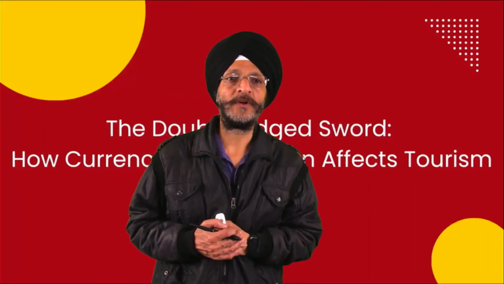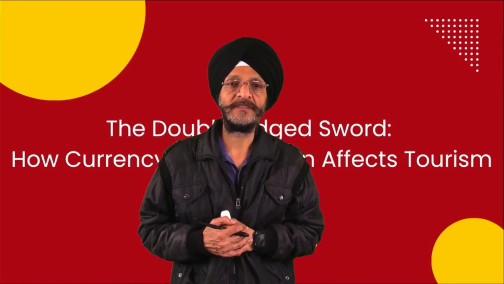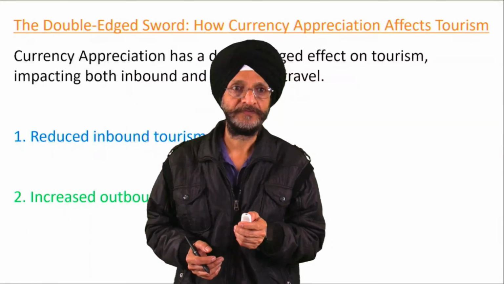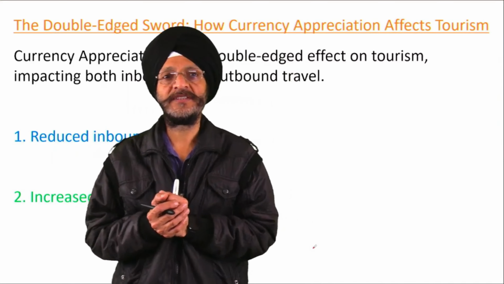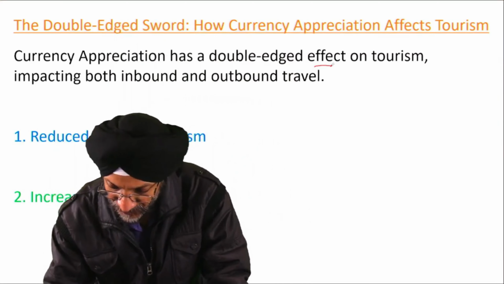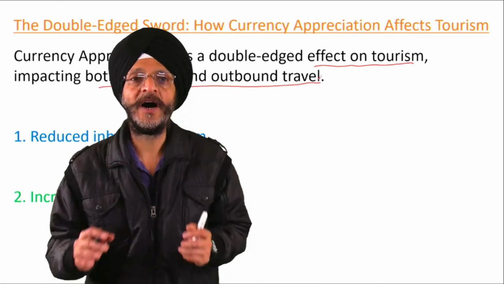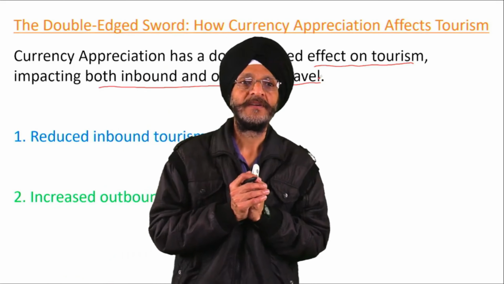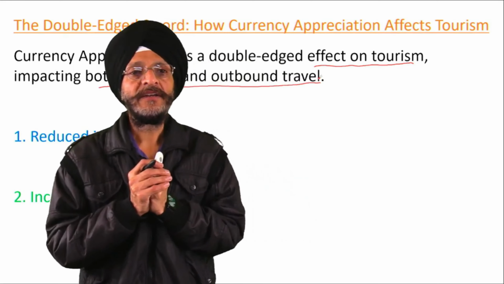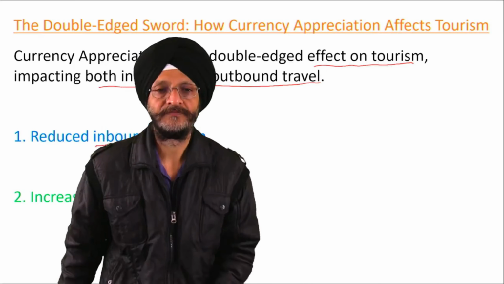Now the topic before us is the double-edged sword, how currency appreciation affects tourism. Currency appreciation has a double-edged effect on tourism. It affects both inbound and outbound travel. First, it adversely affects inbound tourism.